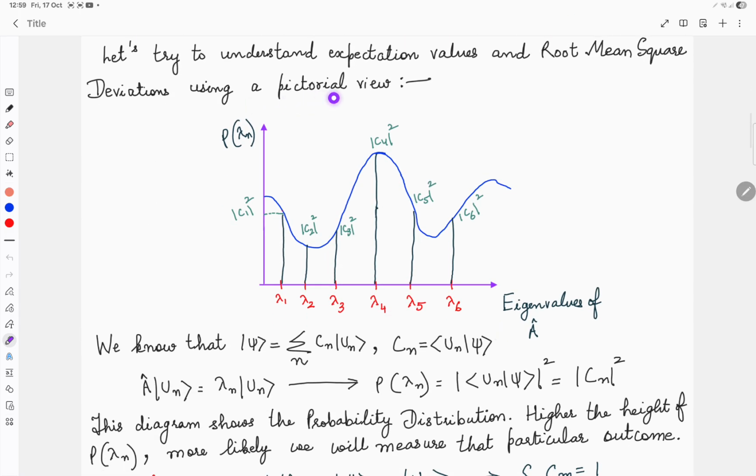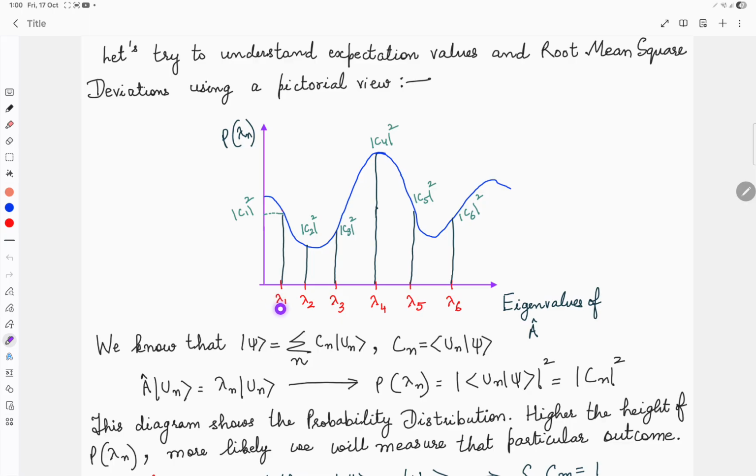Now let us try to understand expectation values and one other quantity we will discuss, the root mean square deviation. Let us understand the expectation value first. Along the x-axis are the eigenvalues of the observable A. Along the y-axis is the probability of each eigenvalue.